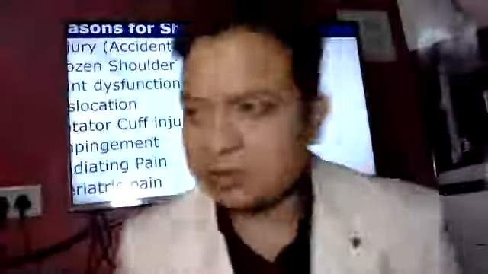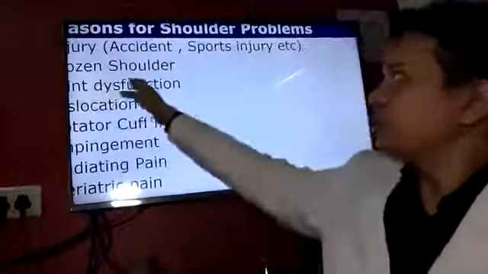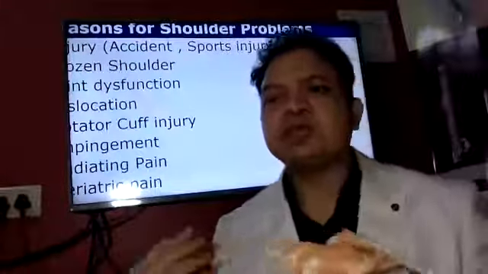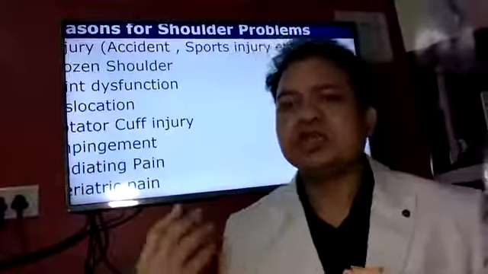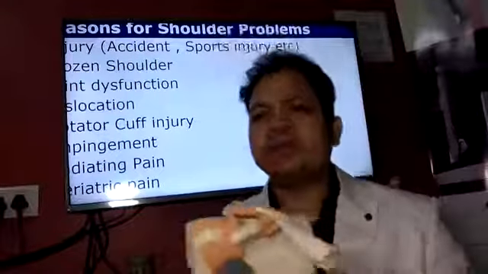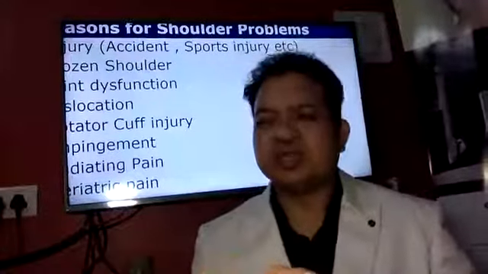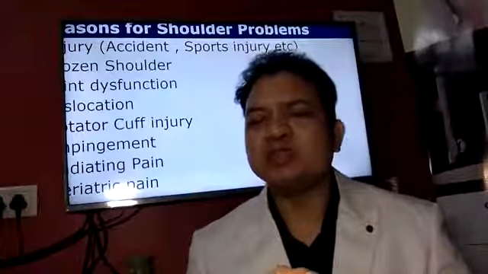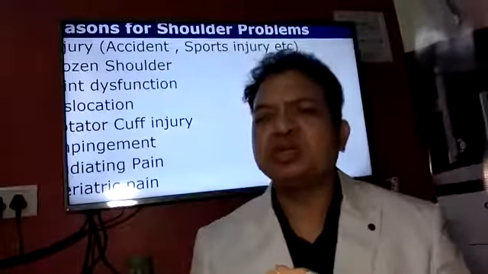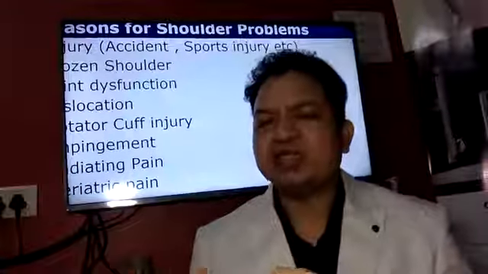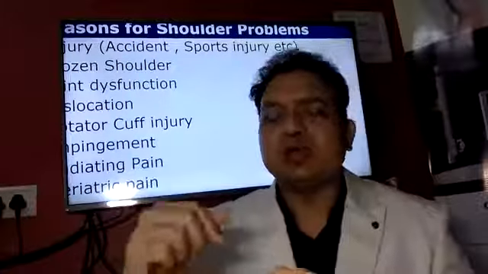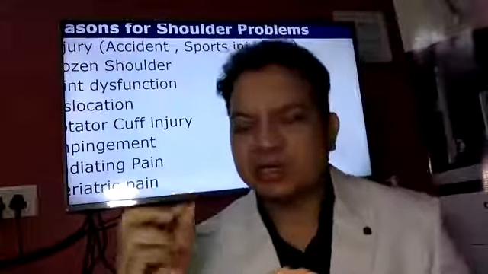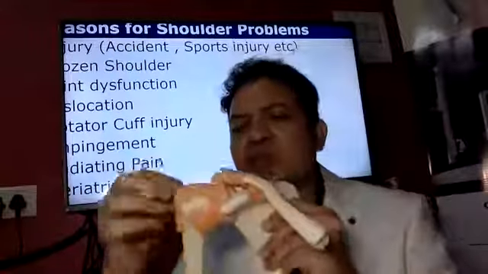So let's see what the various problems are. There are injuries due to accidents and sports injuries, and frozen shoulder, a very common problem that leads to shoulder dysfunction. Then joint dislocation, joint dysfunction, rotator cuff injury, muscle injury, ligament injury, and impingement. The shoulder is a very mobile joint, but this leads to muscle, ligament and structural impingement between these two bones.